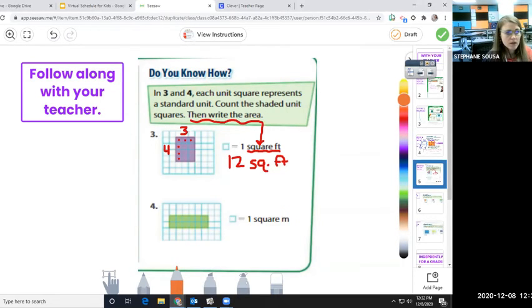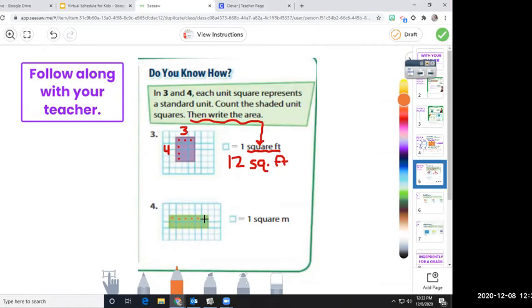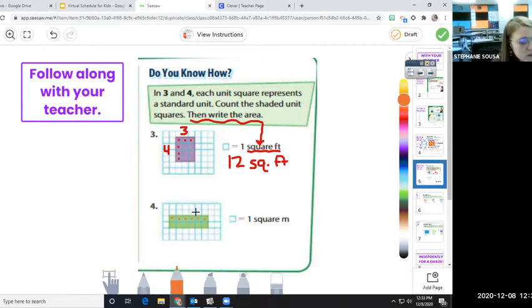Okay, let's take a look at number 4. All right, number 4. I'm going to count my length. 1, 2, 3, 4, 5, 6 squares. So I'll label that as a 6. And my width is 1, 2 squares.